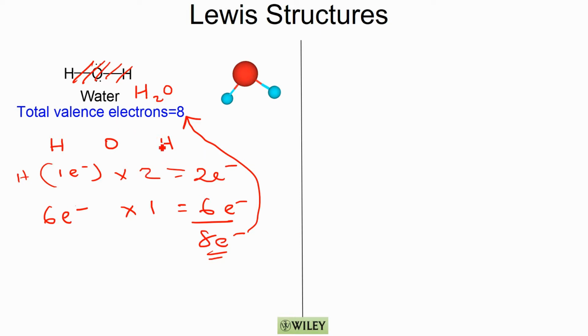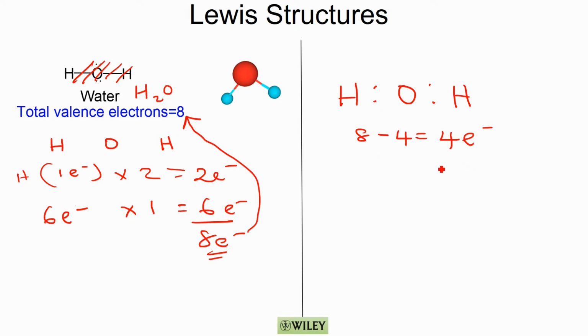Okay, to do the steps for this, to determine the Lewis structure showing electrons, you want to at least form a bond between the hydrogens and the oxygen. So far you've used 4 electrons out of the 8, okay? 8 minus 4, so you have 4 electrons to account for. Now remember the rule again: hydrogens and halogens must be put outside of the structure. That's why I put my hydrogens outside.